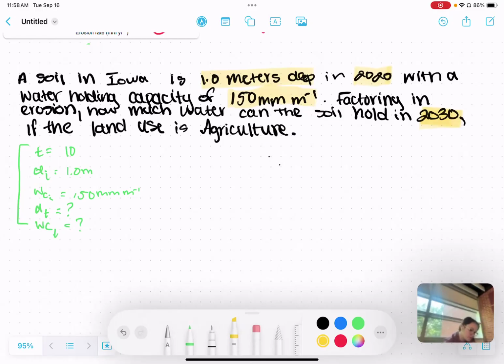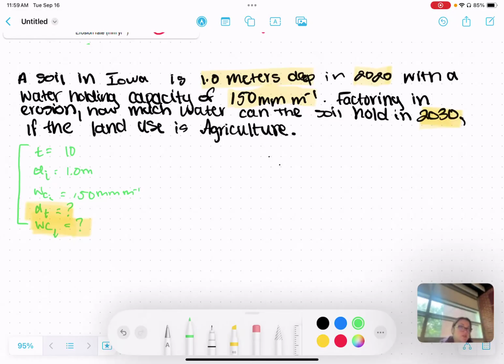Hopefully that can help you determine what you know and what you don't know and how you should go about this problem. What we need to figure out first, to know what the water holding capacity is in the future, is the new depth of the soil, because we know that the water holding capacity is 150 millimeters per meter.